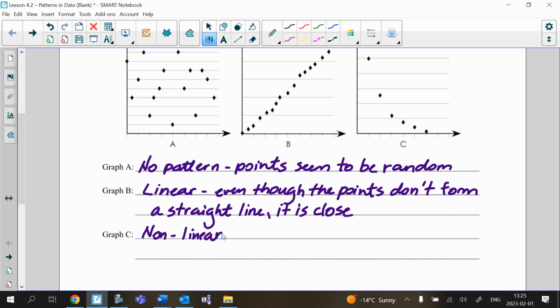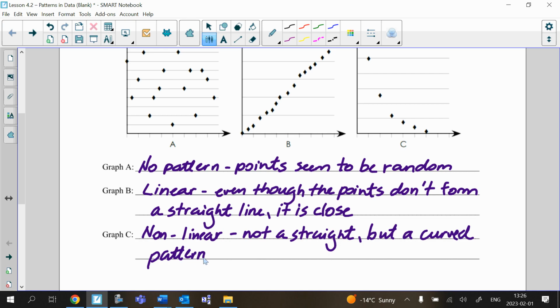Not a straight line, but a curved pattern. So there's still actually a pattern going on, it's just not linear. Compared to the first one where there's just nothing going on.